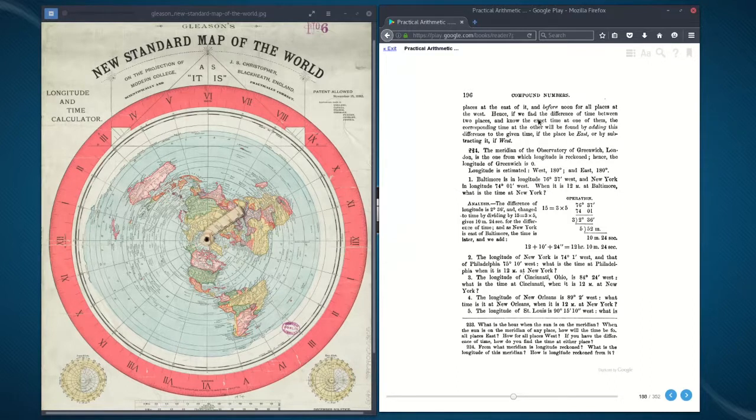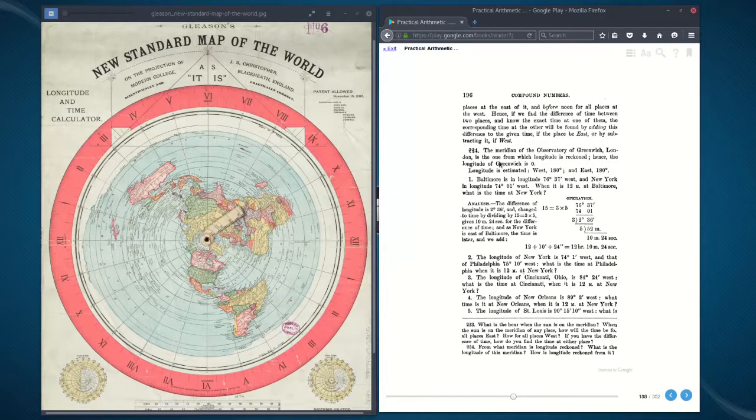Hence, we find the difference of time between two places and know the exact time at one of them. The corresponding time of the other will be found by adding this difference to the given time if the place be east, or by subtracting it if west.